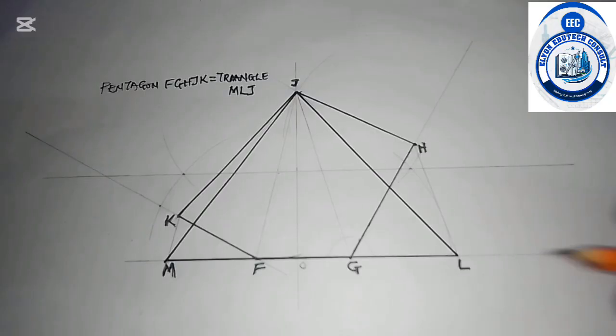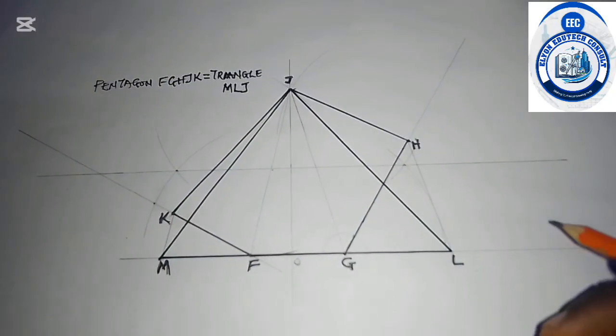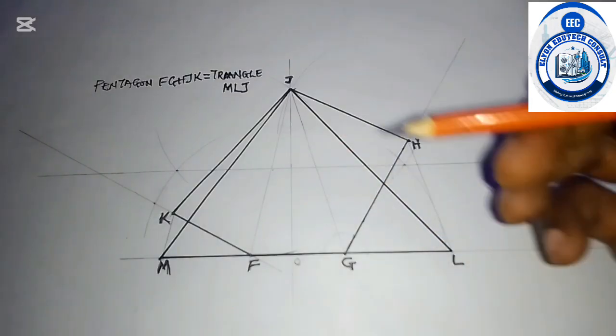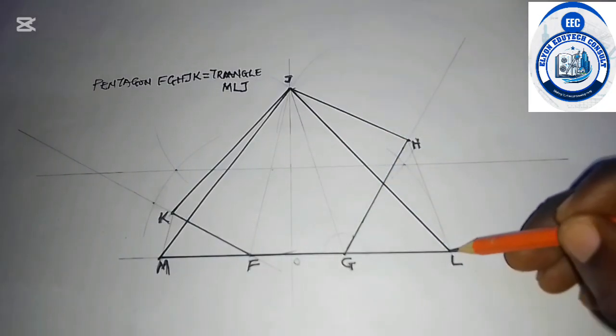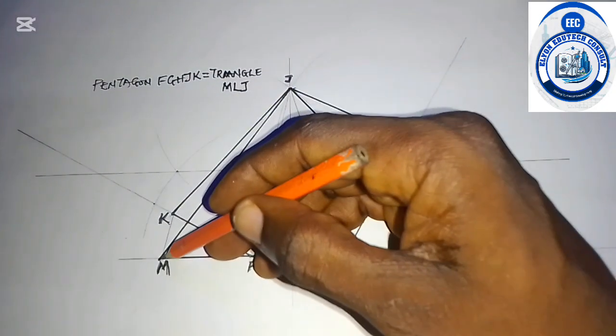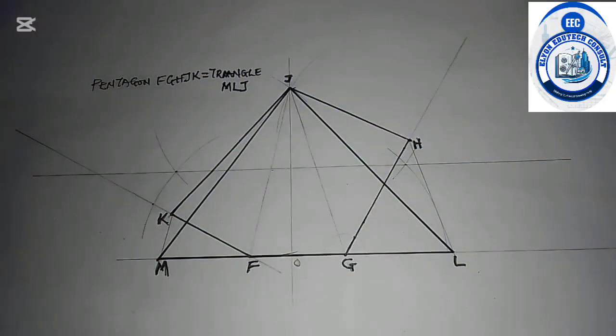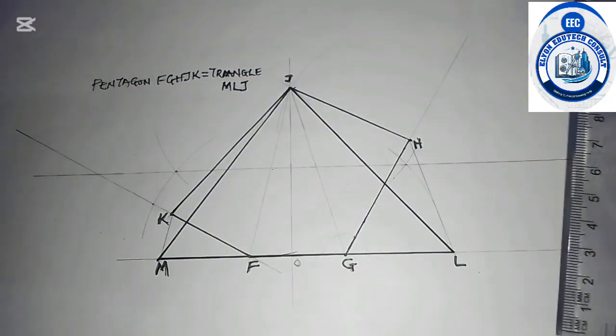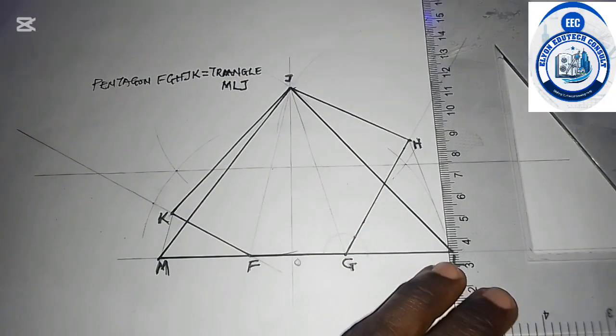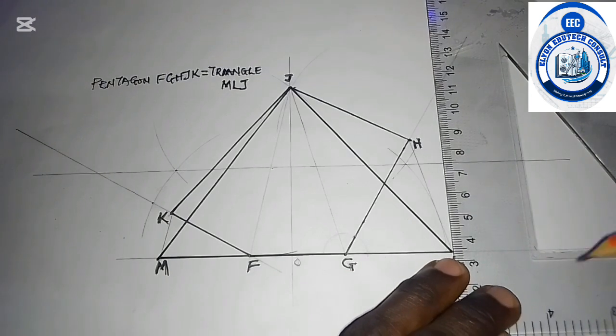Now from this point L and this point M, I will erect a perpendicular. So come this way, still using this baseline.